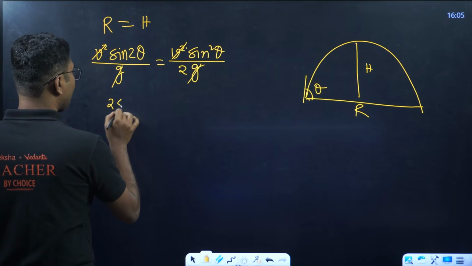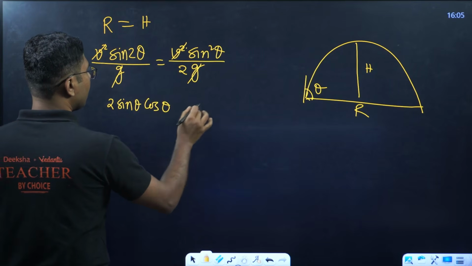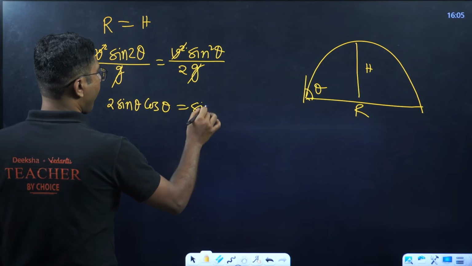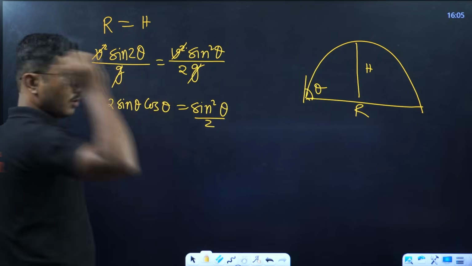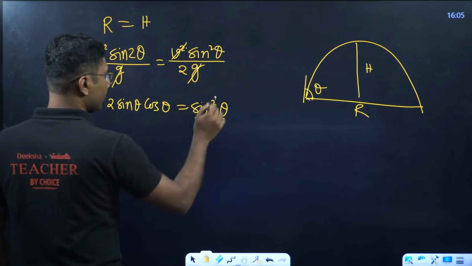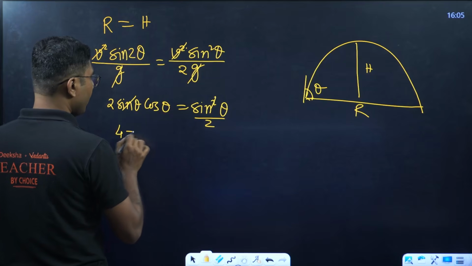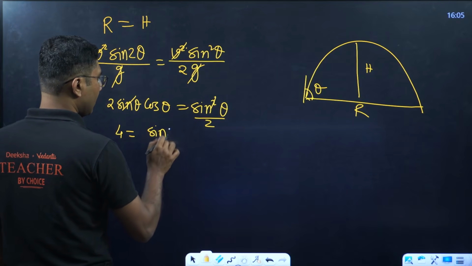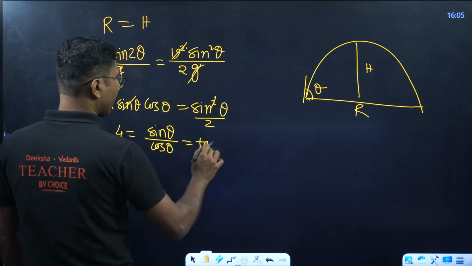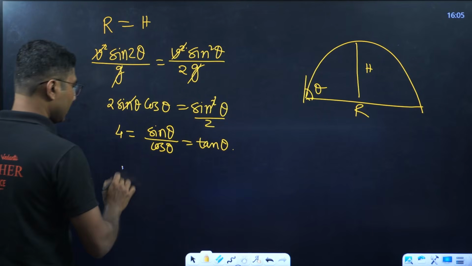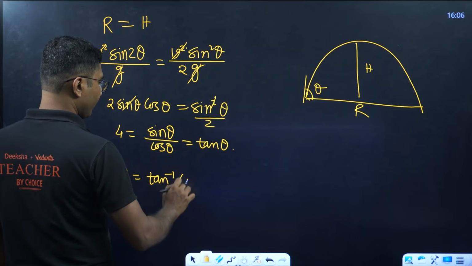So 2 sine theta cos theta equals sine square theta by 2. Okay, there is a by 2 here as well. So this sine theta cancels, and you get 4 equals sine theta by cos theta, or equals tan theta. Or theta equals tan inverse 4.